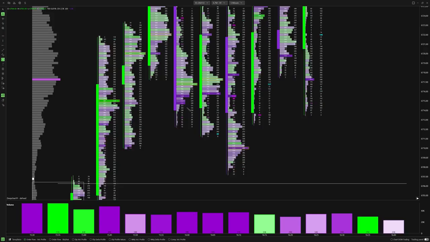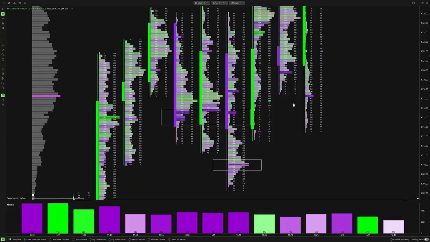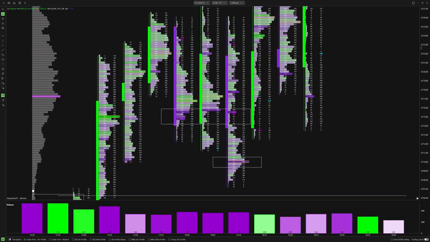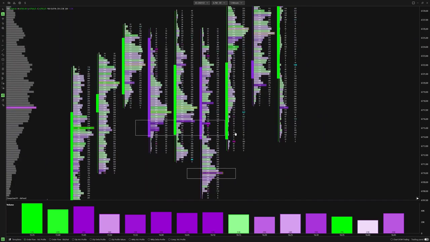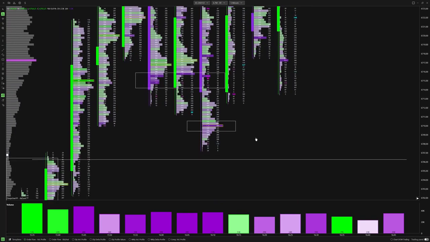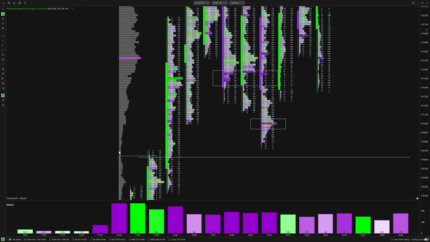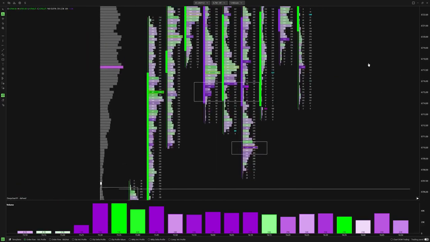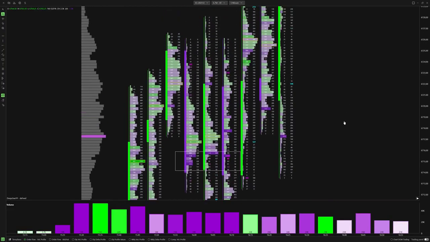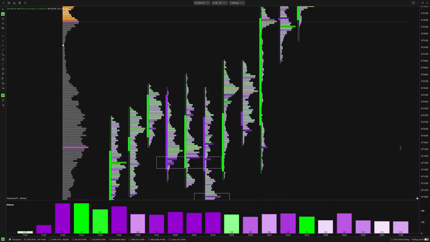It's all purple, but why? Because look at all of this absorption of sellers. Sellers trying to go here, but they were completely absorbed by buyers. So buyers are more active on the passive side. They completely absorb all sorts of sellers, and that's a very clear indication that this breakout is very likely going to continue. And there you go.